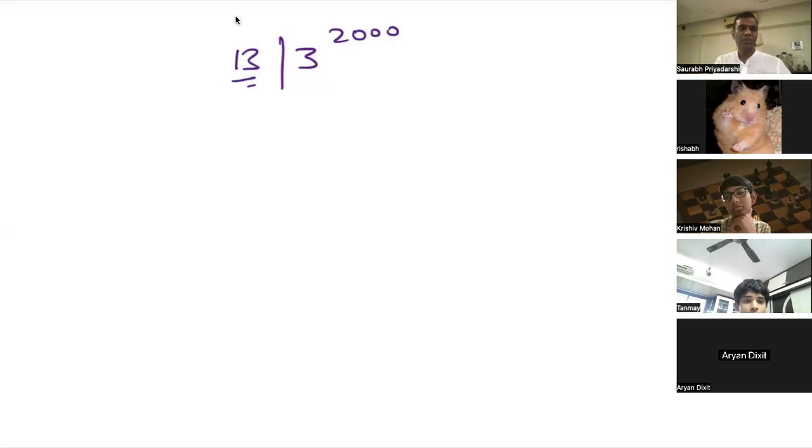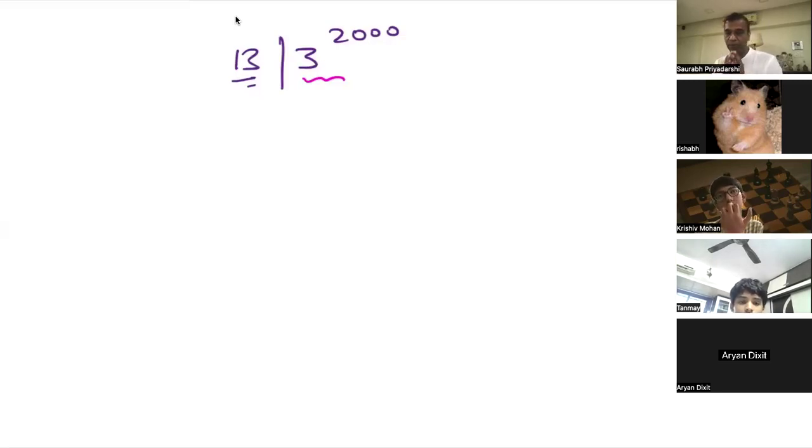So this is the basic of congruence when heavy powers are given and we have to find what number is coming. We just have to start with the basics, but when we learn Fermat's theorem or Euler's theorem, then the question will be very simple. Starting, I can say 3 to the power 2000 when divided by 13.